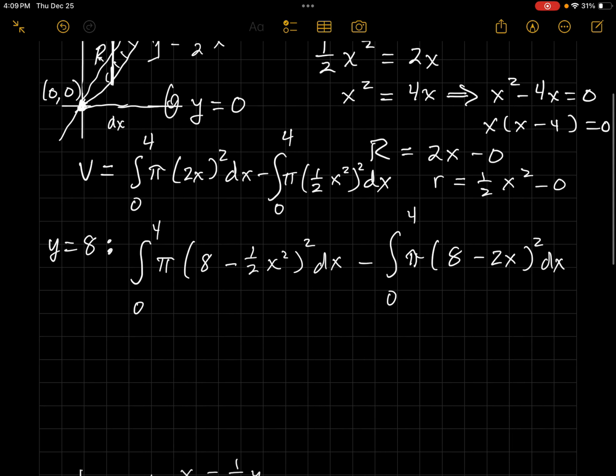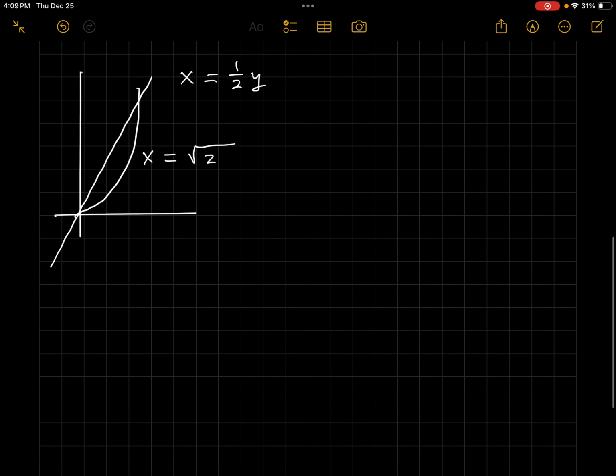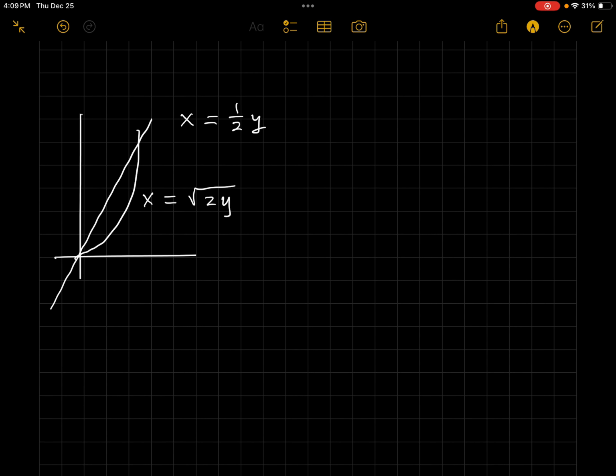So let's take that exact same region and let's revolve this around vertical lines. So recall that our region was formed by intersection points at 0, 0, and then 4, 8. If y was 2x, we can see that x equals 1/2 y.